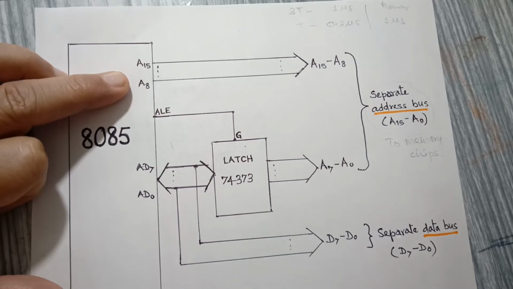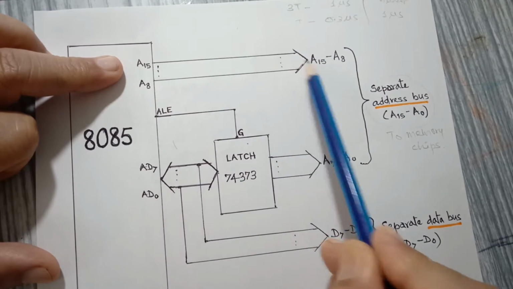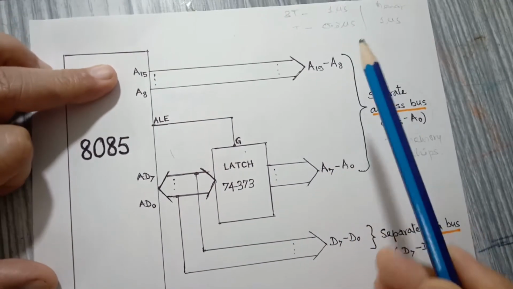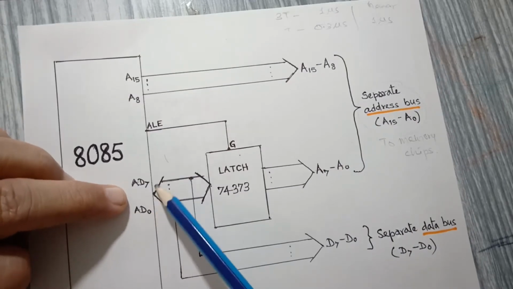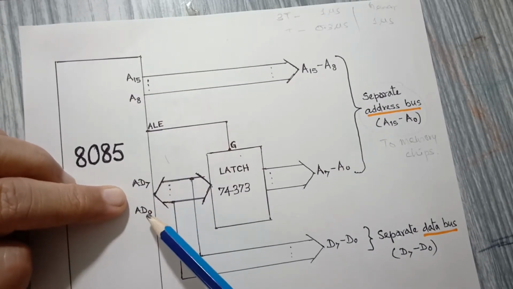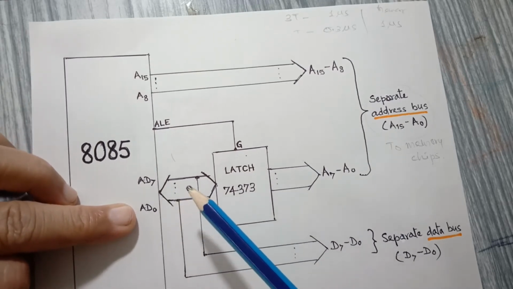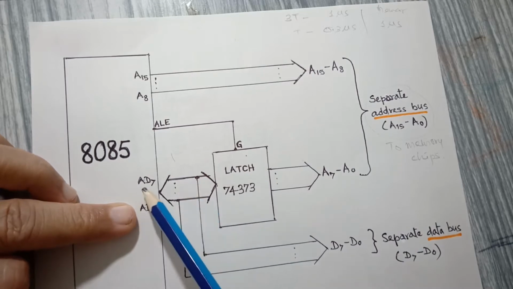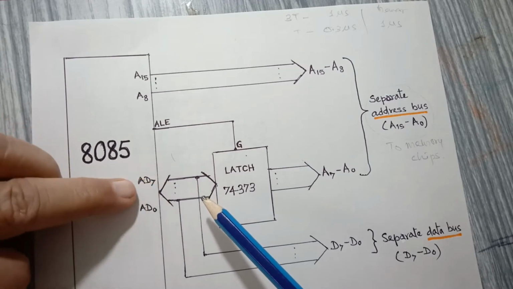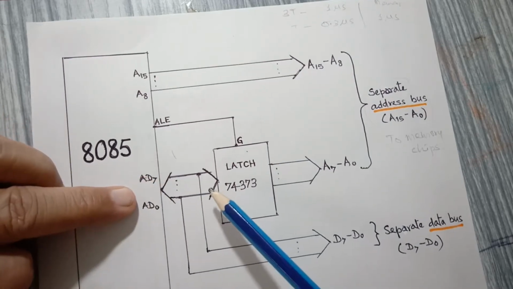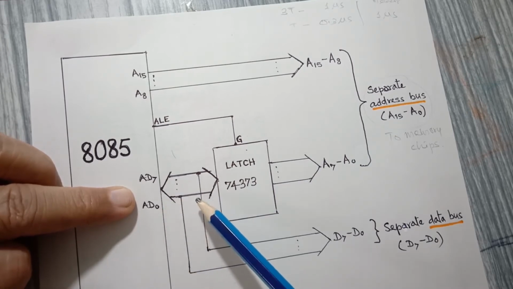Out of those 16 lines, A8 to A15, these 8 lines are pure address bus, and AD0 to AD7, we call this the low order address bus, but these 8 lines are multiplexed. Multiplex means time sharing. These 8 lines are used for giving the address, as well as for data transmission, giving the data or receiving the data.